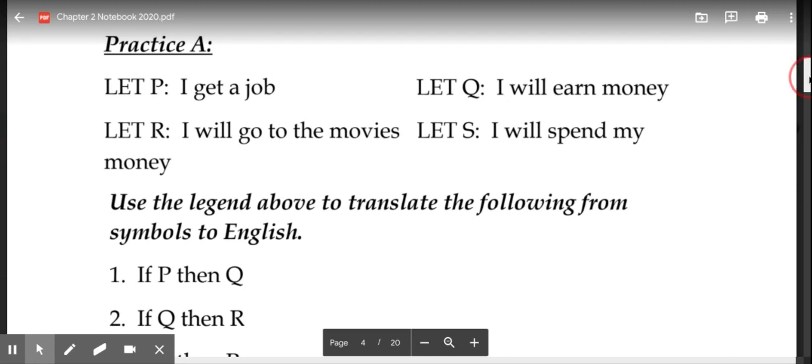So the first one is if P, then Q. Okay, so this means if I get a job, then I will earn money.